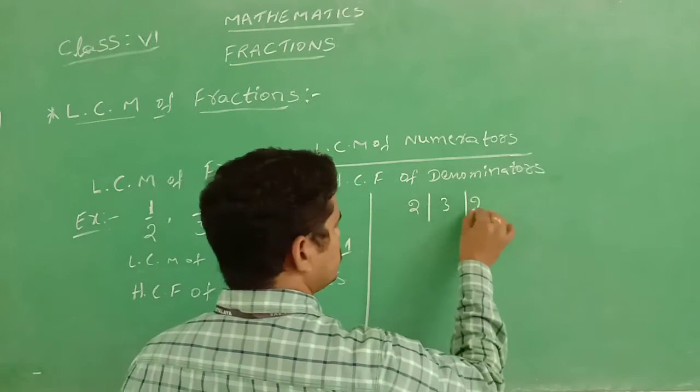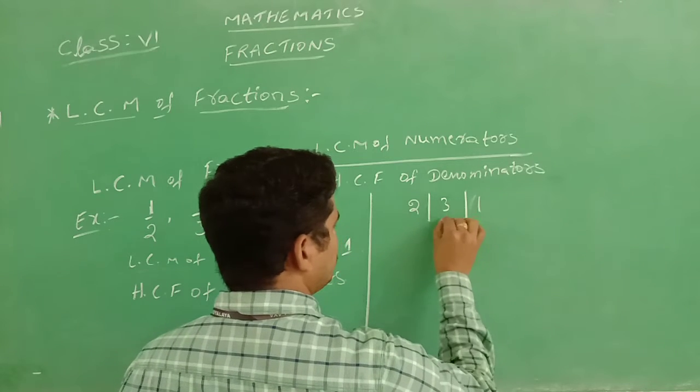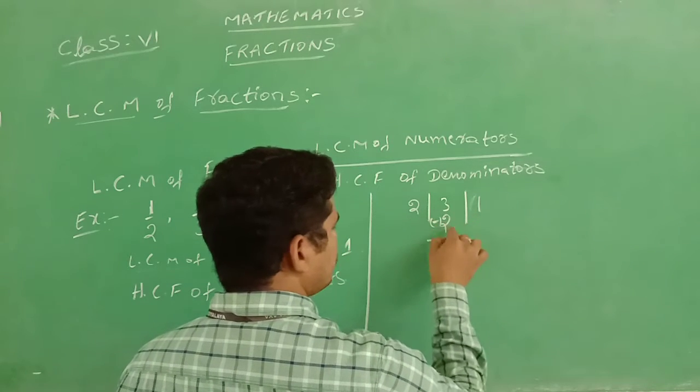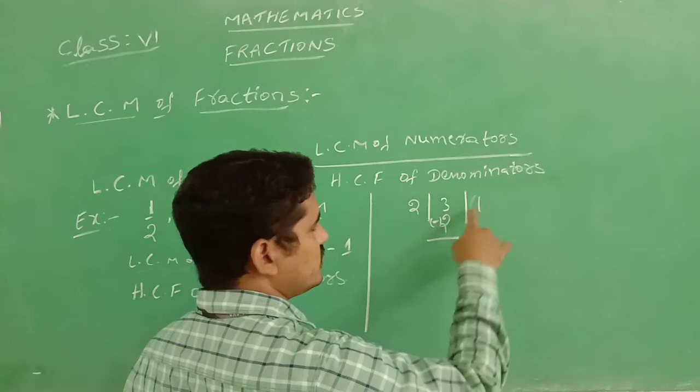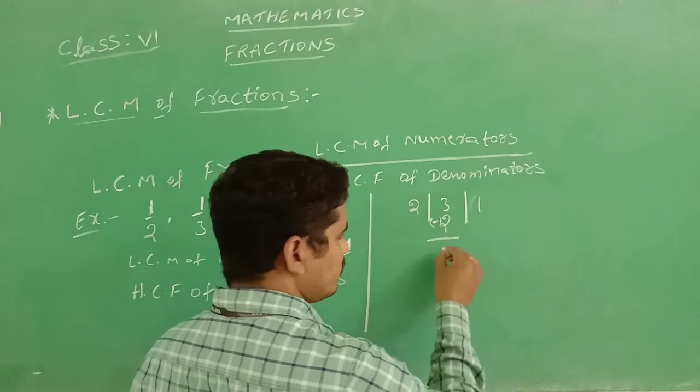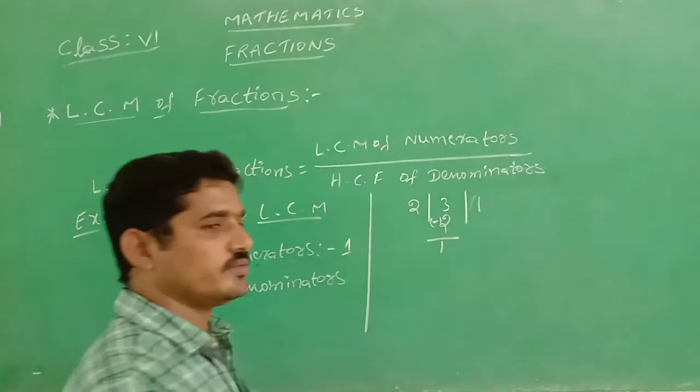Now here 2 ones are 2. Now 3 minus 2, 1 will be the remainder.